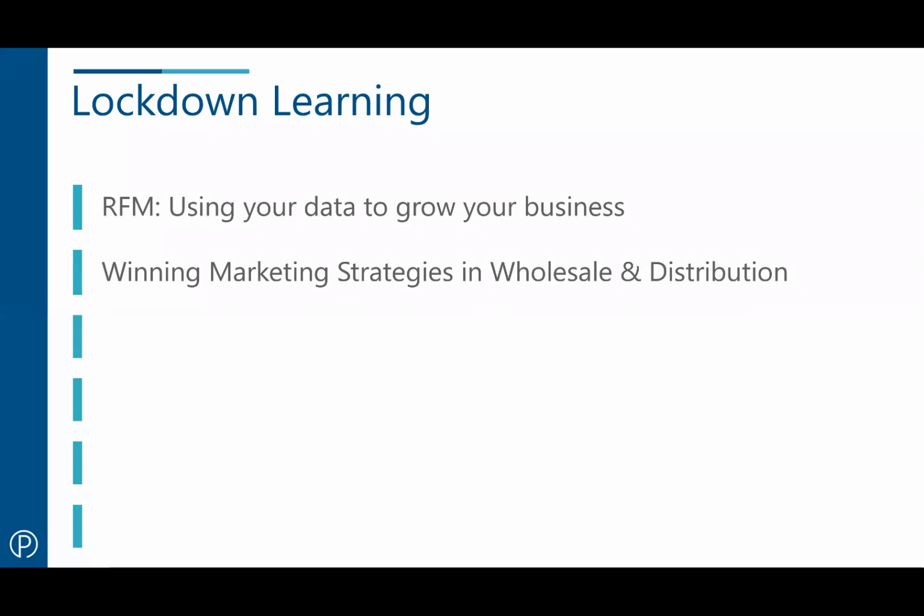In particular, we'll be looking at ICPs, personas, and how they work together with RFM to make more successful marketing. And then we'll have a more tactical session, which is actually about using those strategies and turning them into tactics that you can use using your CRM data and marketing tools like Communicator and MailChimp.